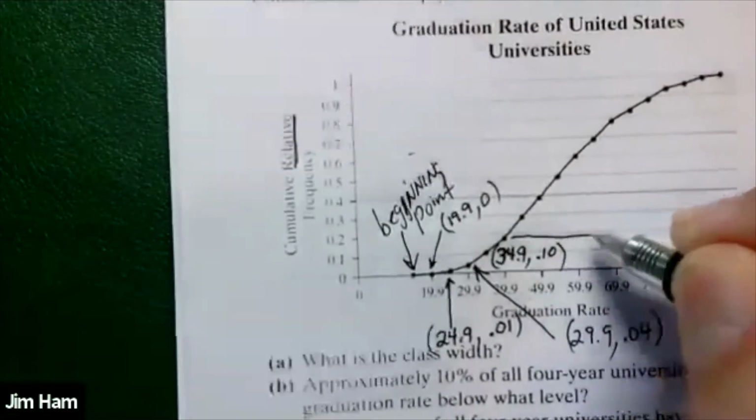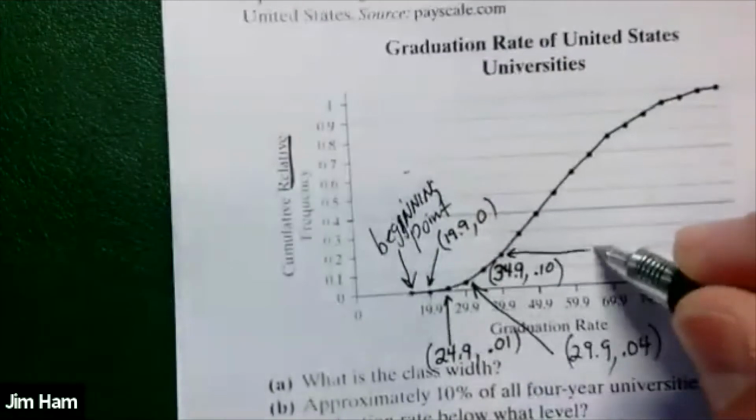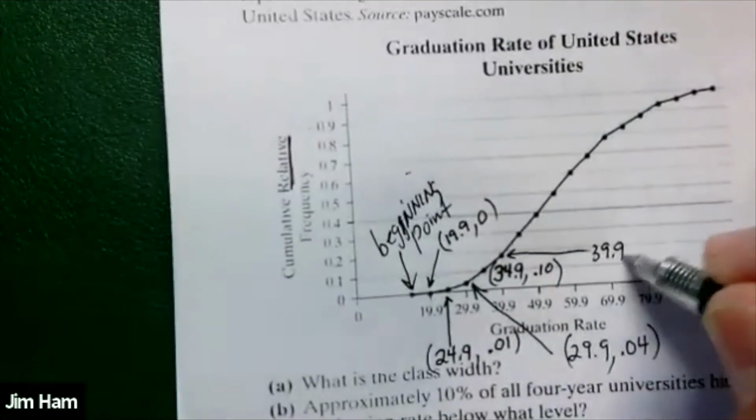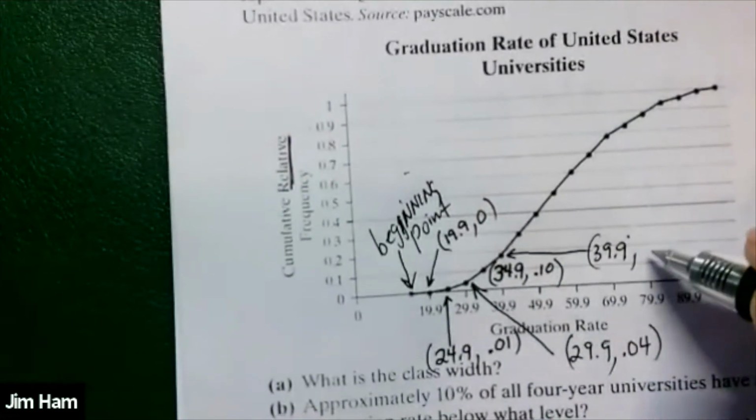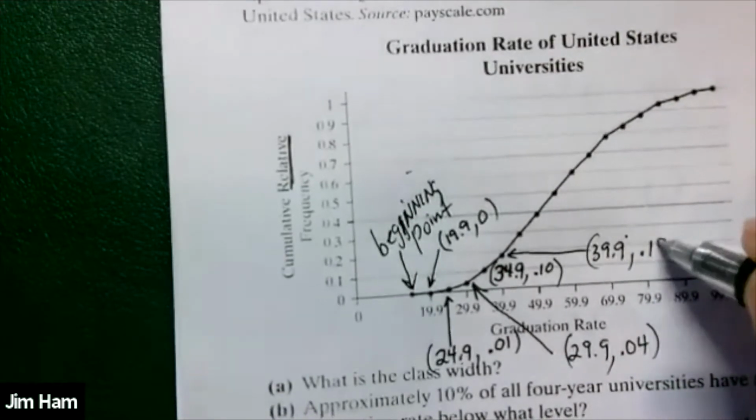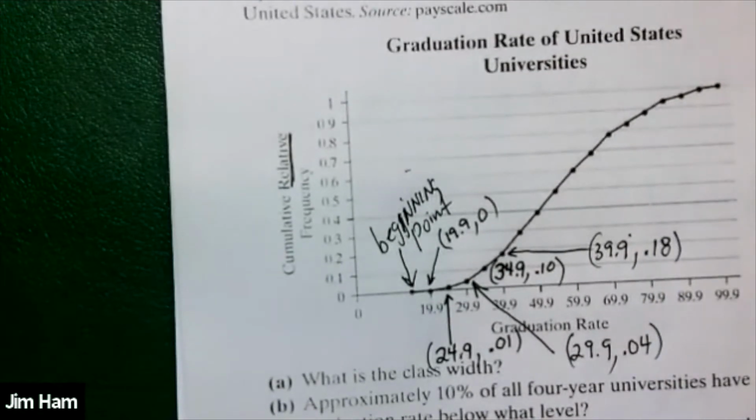This one here is 39.9, and it looks to be somewhere close to 0.18. Not quite close to, it didn't quite achieve 0.2. So you really have to be good at interpreting the coordinates of these points because they make a difference.